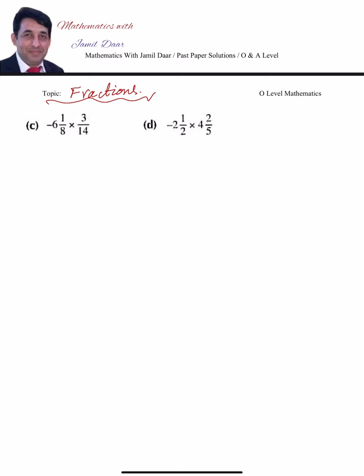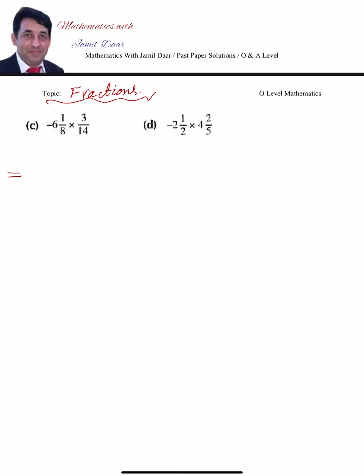So first of all, we'll change this one into a fraction. This is a mixed number. So 6 multiplied by 8, 6 times 8 is 48. So plus 1. 48 plus 1 will give you 49.